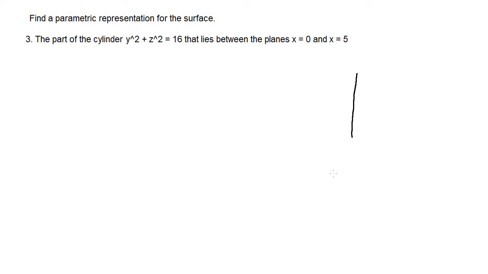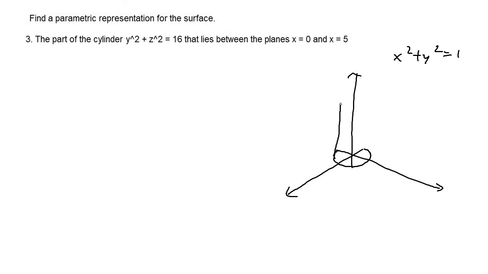So if I were to graph out a cylinder in 3 dimensions, let's just pick the cylinder with the equation x squared plus y squared equals 1. In this case, the base of the cylinder, or the circle, is centered at 0, 0, 0. If I go ahead and redraw that, we have the radius of 1.